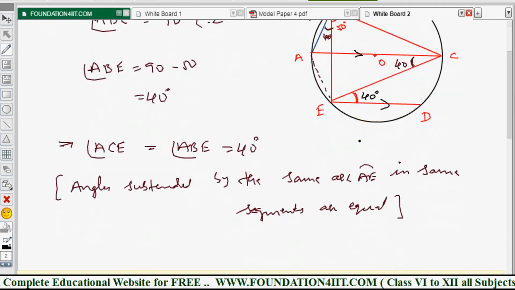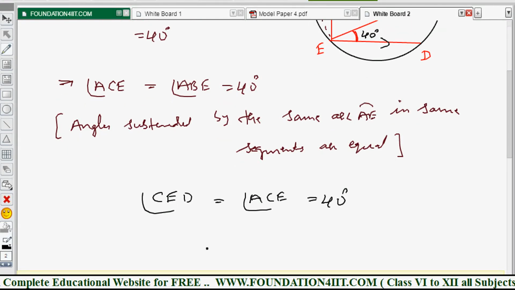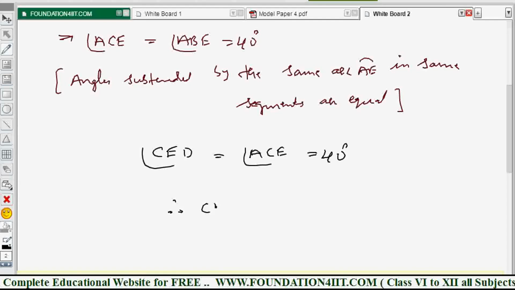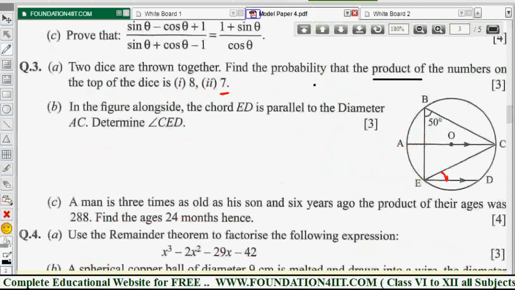Therefore, angle CED is equal to angle ACE, which we got as 40 degrees. So angle CED is 40 degrees because AC is parallel to ED, and with two parallel lines and a transversal, alternate angles are equal. So it is a simple sum, only two properties are applied. Right. Now let us see the next question.